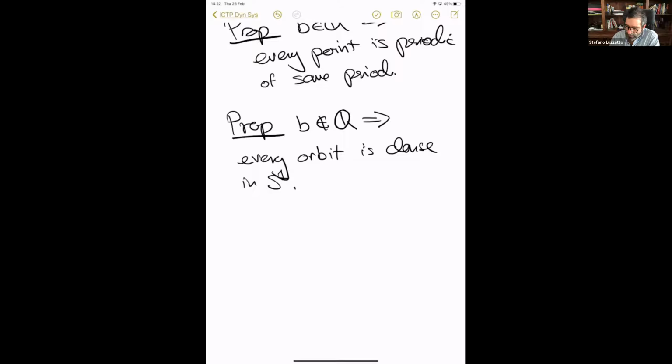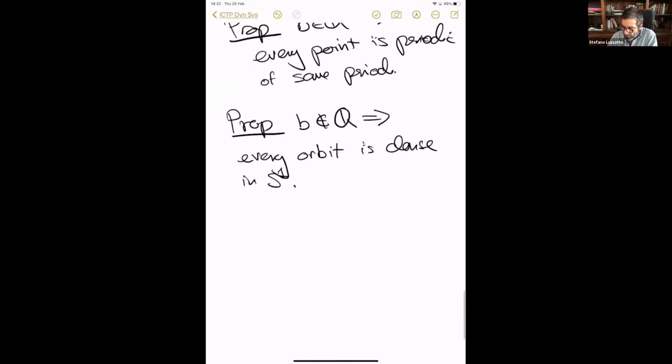So let's just go through that to introduce a little bit of terminology, which is very important, okay? If you remember, the forward orbit of a point is the sequence x_n. This is an infinite sequence, right? And when you have an infinite sequence, a natural question is, what are the limit points of this sequence?